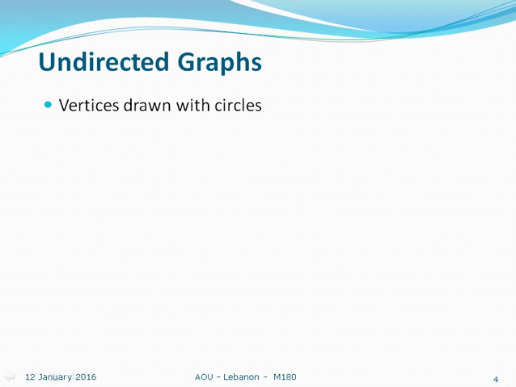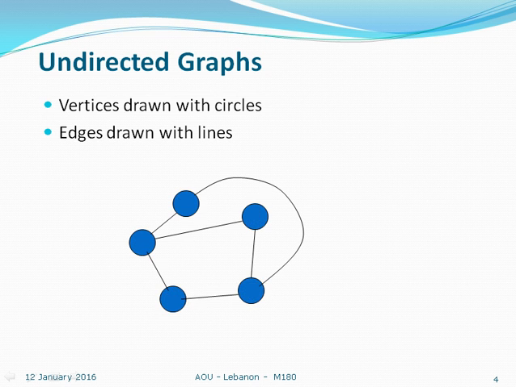Undirected graph, in which the edges are not directed from one vertex to another vertex. In a graph, generally we draw the vertices as circles and the edges as the lines connecting the vertices. This is an example of a graph.